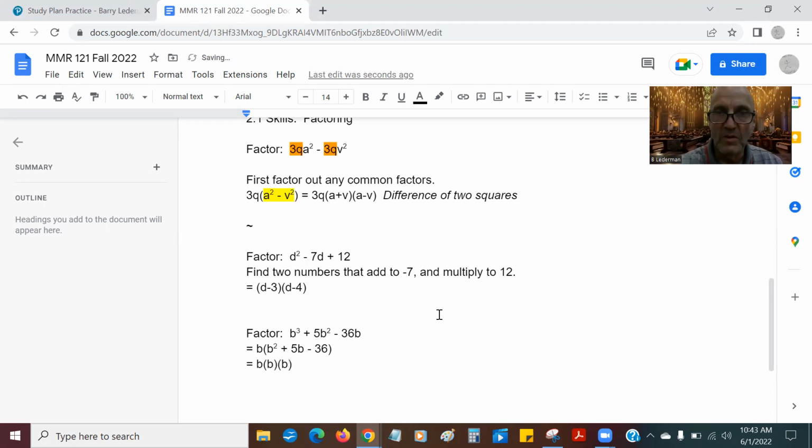Now, what two numbers add to positive 5 and multiply to negative 36? Well, those two numbers are going to be positive 9 and negative 4, because 9 times negative 4 is negative 36, and 9 plus negative 4 is positive 5.